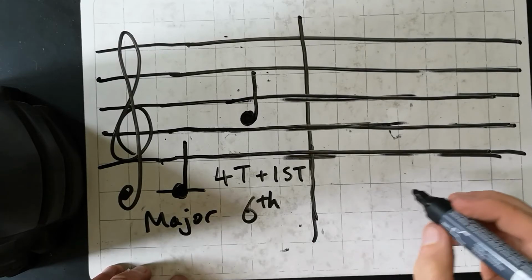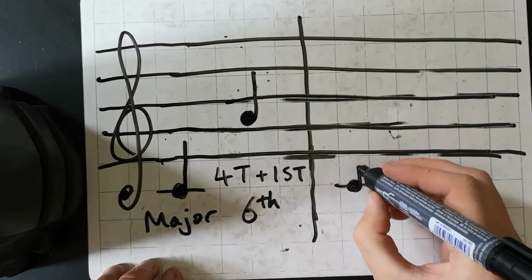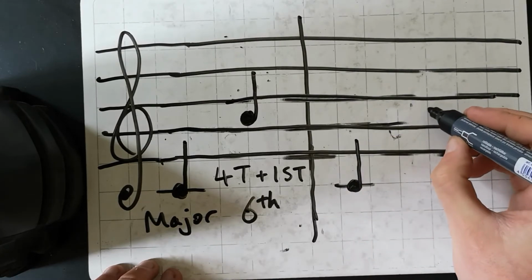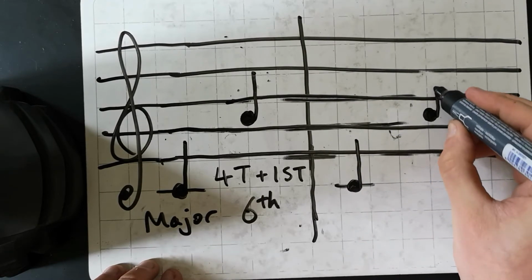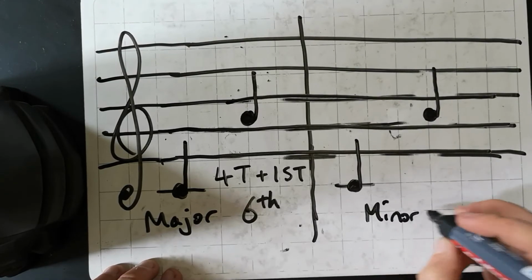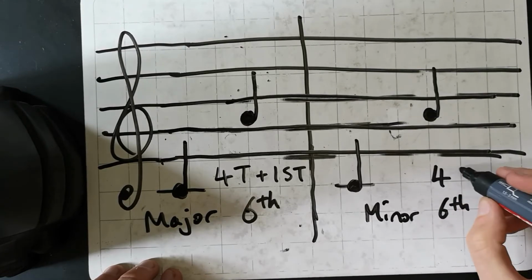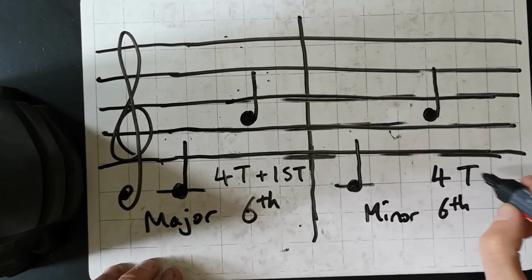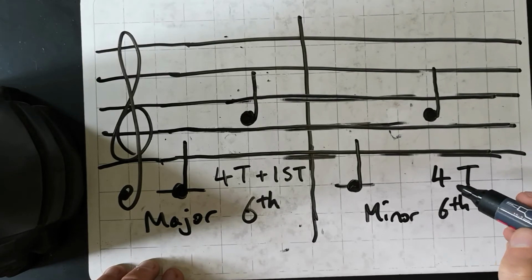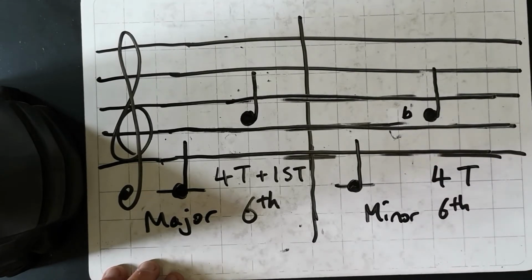Now if I was to do a minor sixth, again it's got to be C and it's got to be A on there, but the distance is now only 4 tones, no extra semitone, just 4 tones. So 4 tones up from C is not A, it's A flat.